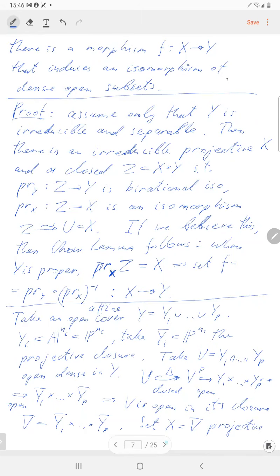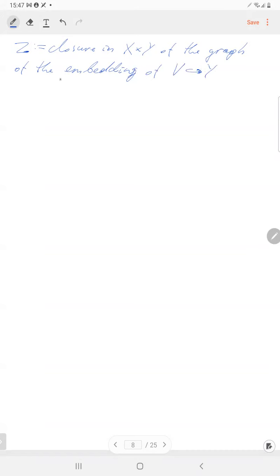And now, unfortunately, I must turn the page. And Z, this sort of graph subvariety, is the closure in the product X times Y of the graph of the open embedding of V into Y. Okay.